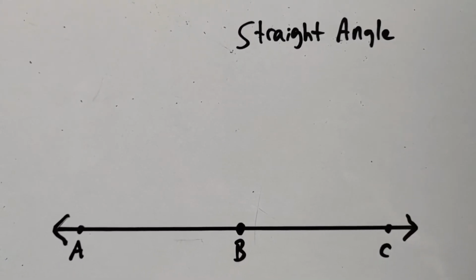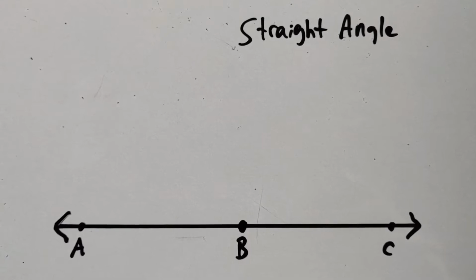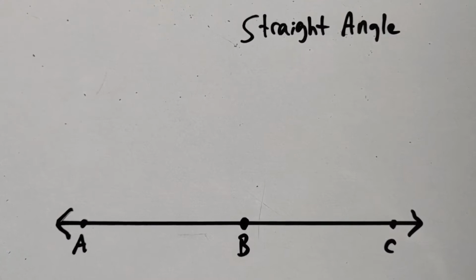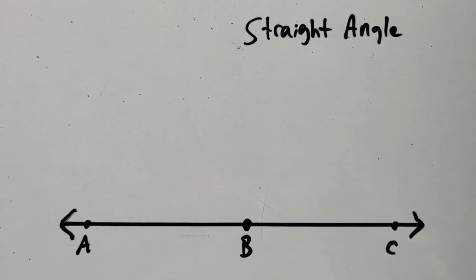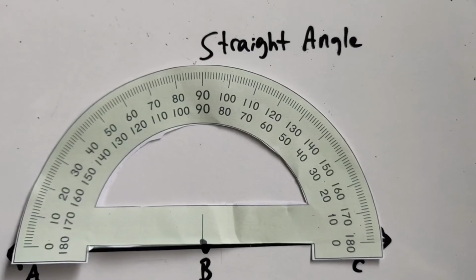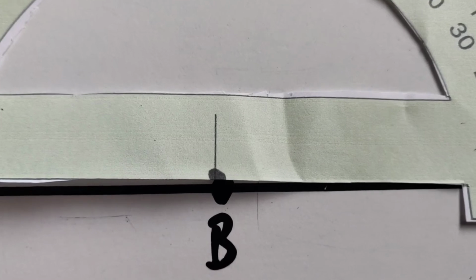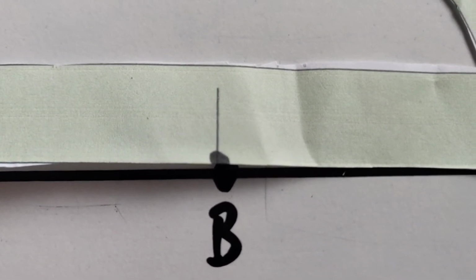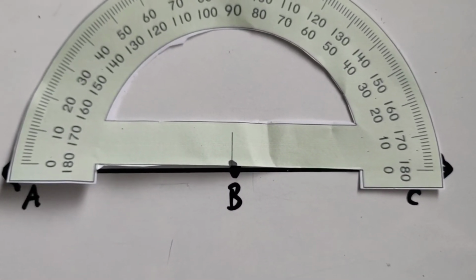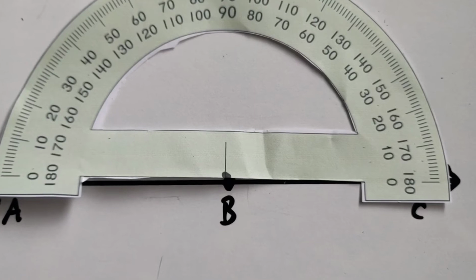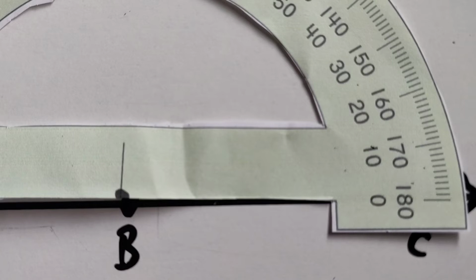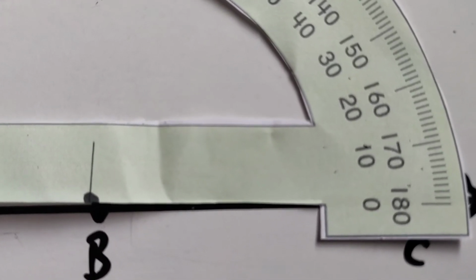And one quick mention, since it's on IXL, if you have a straight line and you're asked for the angle, it's called a straight angle. If we measured it, it would be 180 degrees. Let me just show you on the protractor quickly. So notice I still lined the middle of my protractor up on the vertex point B. We have ray BC and ray BA, and if we're going to measure from ray BC to ray BA, we're going to go all the way around the scale.